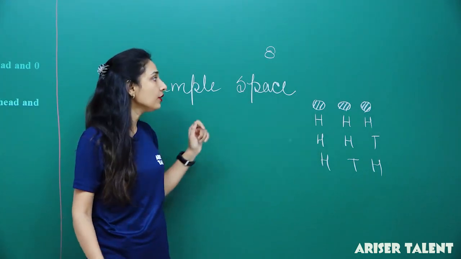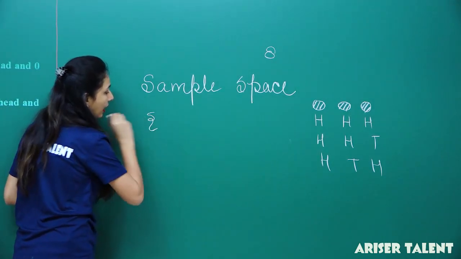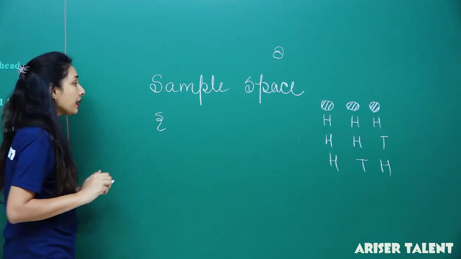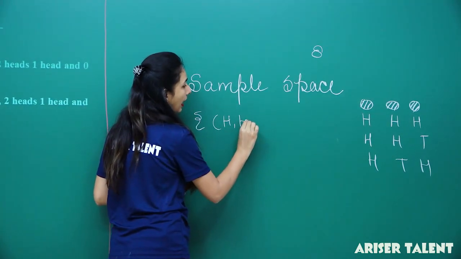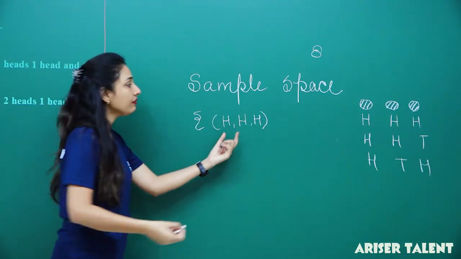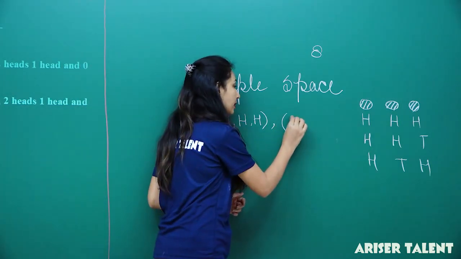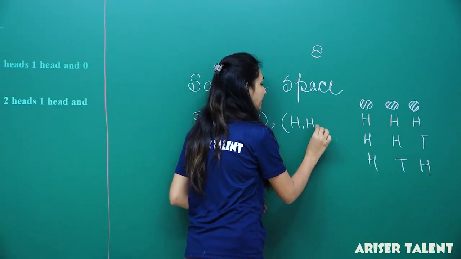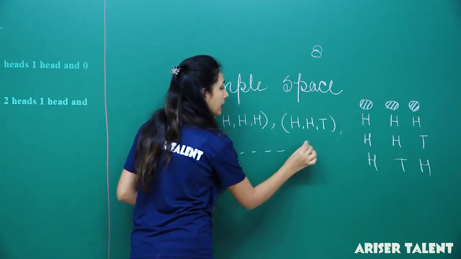So we will use this curly bracket. Then we will simply write head, head, head. This is one outcome. Then we will separate it with a comma, then with a small bracket, head, tail. This is one method.